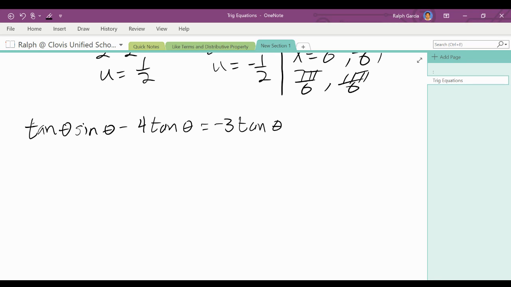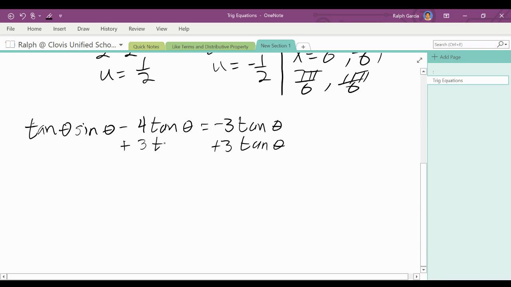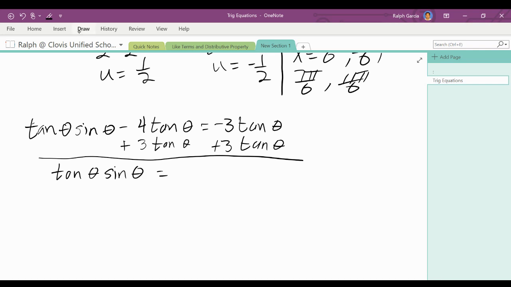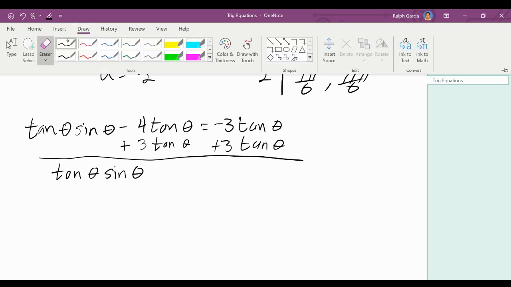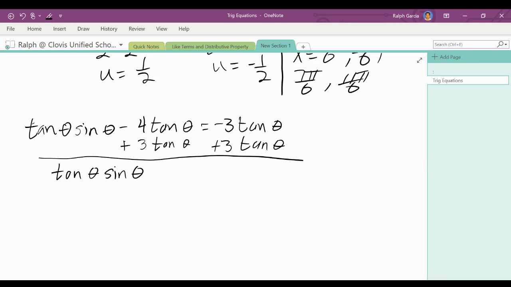Same thing, use the zero product property. I've got to get this thing set equal to 0, so I'm going to add 3 tangent theta to both sides. So I get tangent theta sine theta, oops, sorry, minus a tangent theta equals 0, right?